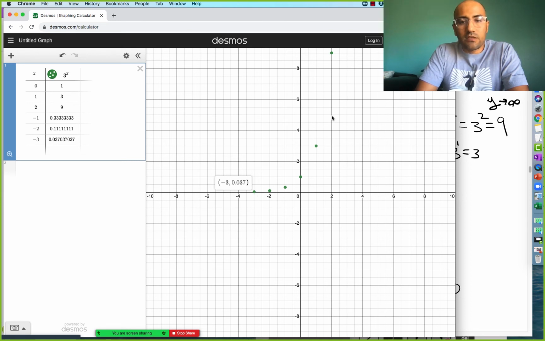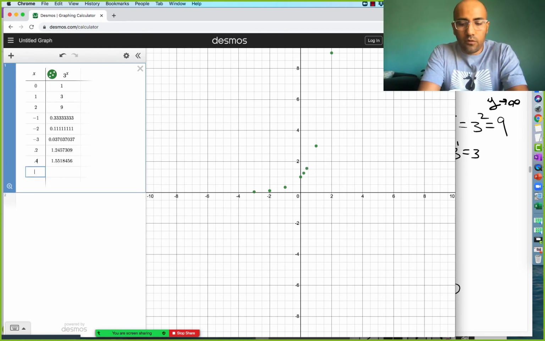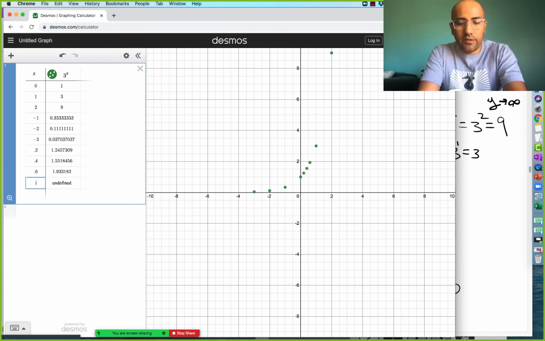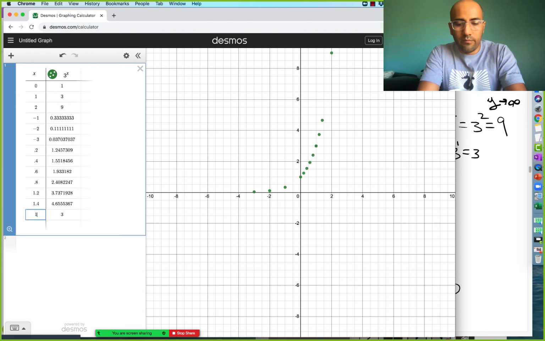Okay, so we start to see a shape. Luckily, since we have technology, we don't have to stick to just counting numbers, natural or integer values. We can find some decimal values to fill in this graph. So how about 0.2, 0.4, 0.6, 0.8, 1.2, 1.4, 1.6, 1.8.